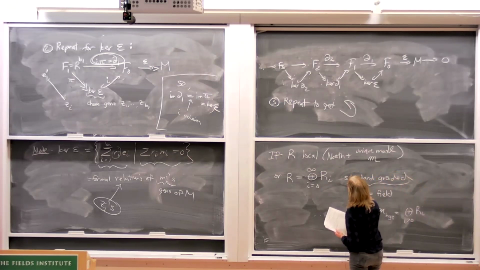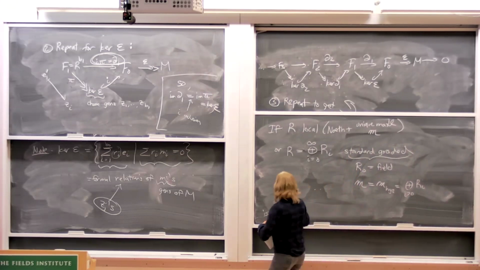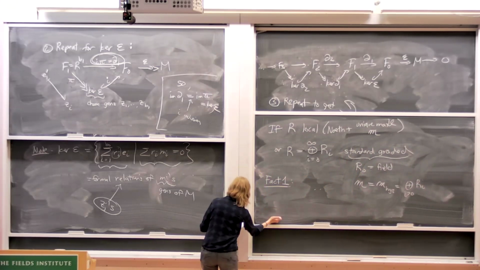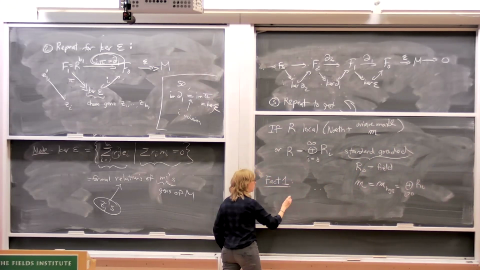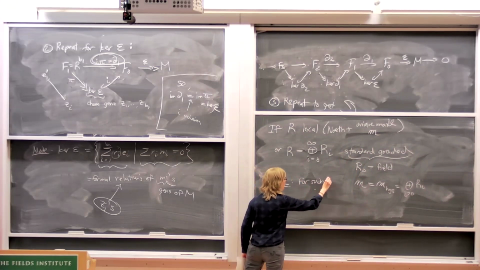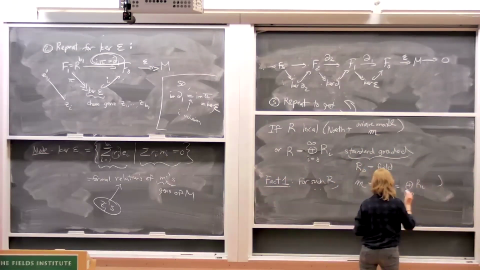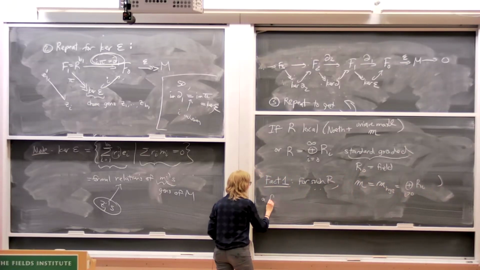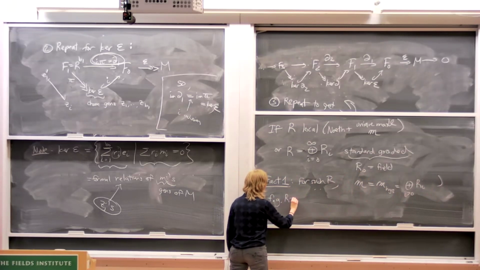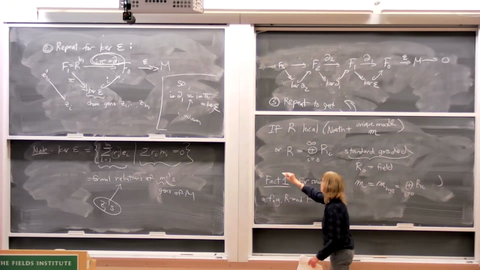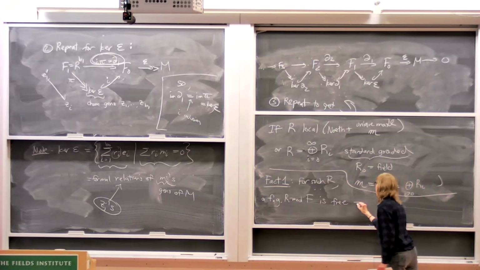And I'm going to run by some quick facts. Fact 1 is that for such a ring, such R, a finitely generated module F is free if and only if it is projective.